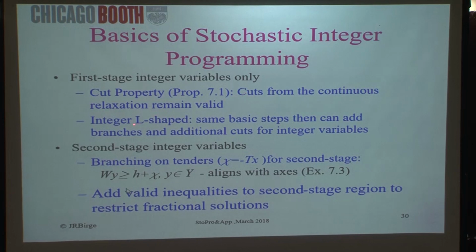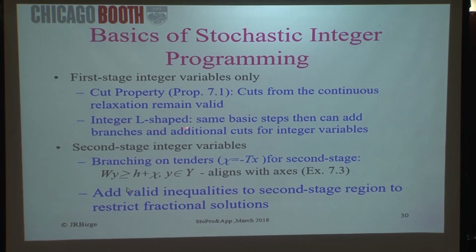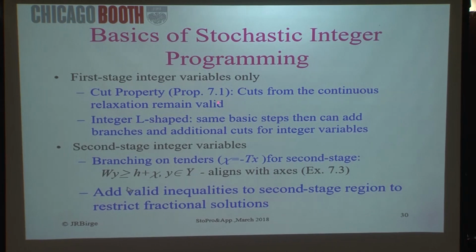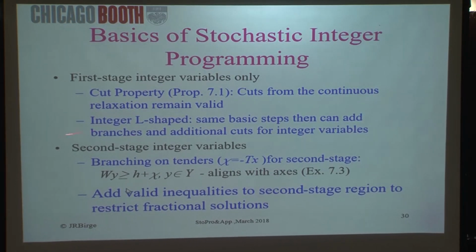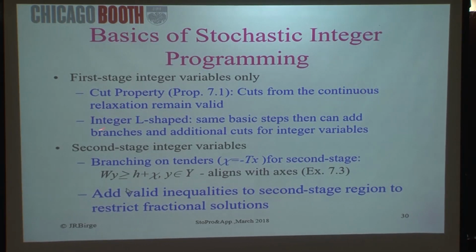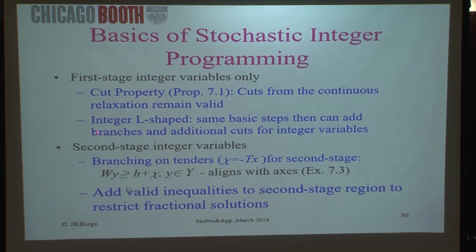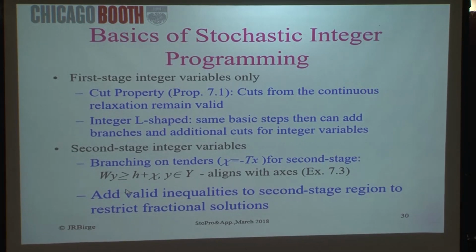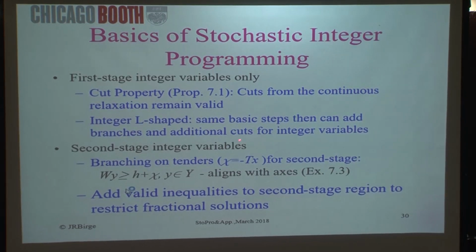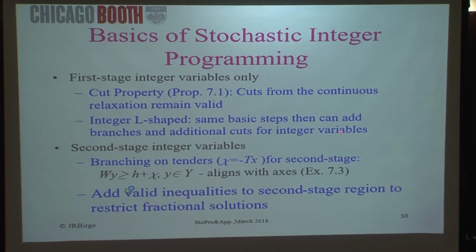You can just use the basic L-shaped method. You might have some branches for your first stage variables, but that basic decomposition method that I gave at the beginning applies here the same way you would apply it without integer variables. The only thing is you'd have branches associated with the integer variables.